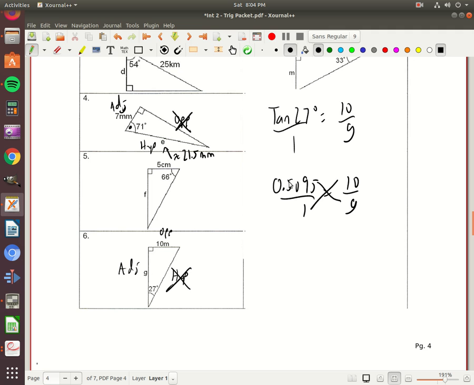Anyways, I'm going to cross multiply. I'm going to get 0.5095 g is equal to 10. You can see I need to divide by 0.5095. So again, I'd like to thank J-Rod for that advice on setting that up so kids always know when they should be multiplying or dividing.